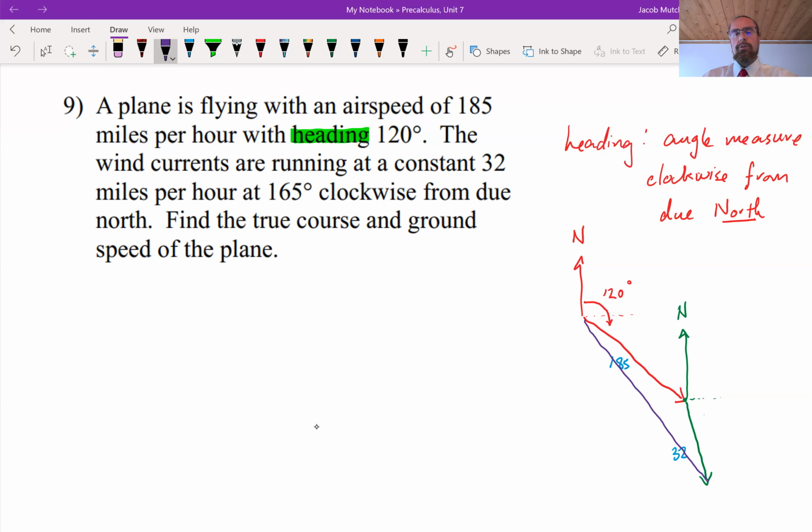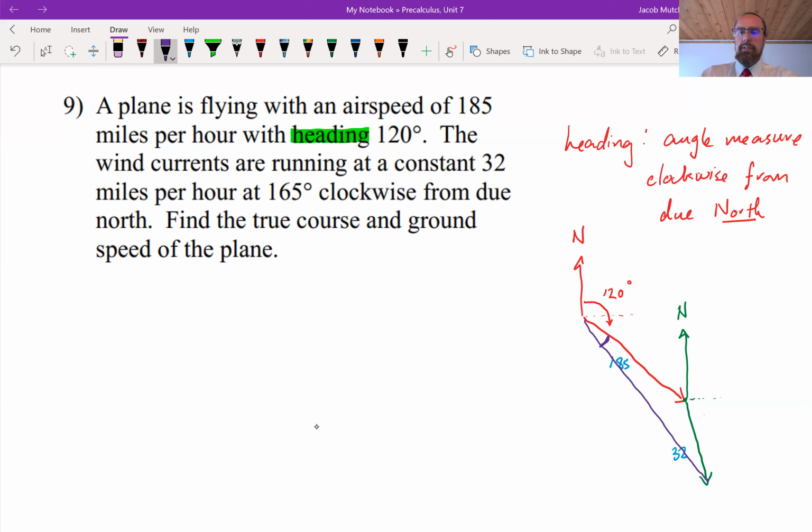So what we're trying to do is find the length of this purple side. That would represent the ground speed of the plane. We also want to find some of these angles. We want to find the true course and ground speed of the plane. Ultimately, we're looking for what I should add to 120 from this acute angle in the upper left.